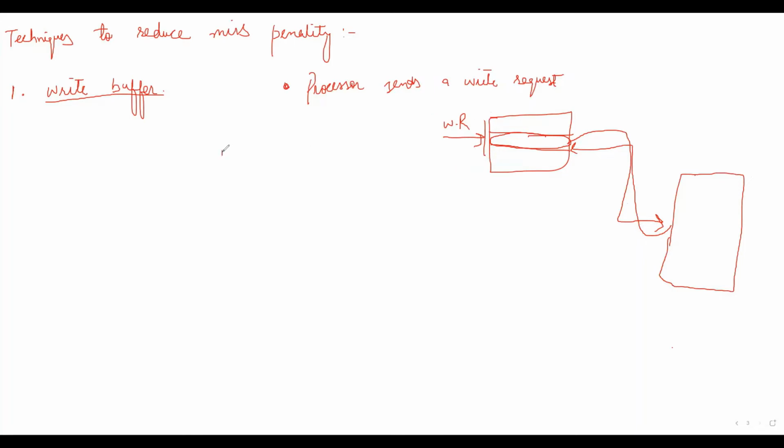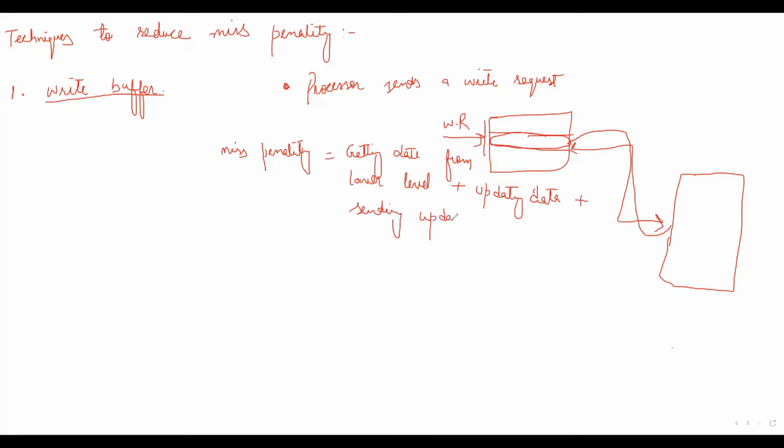So here, because there was a miss, the miss penalty includes getting data from the lower level, plus updating data, plus sending updated data to lower levels. Okay, this is the miss penalty in this particular scenario.